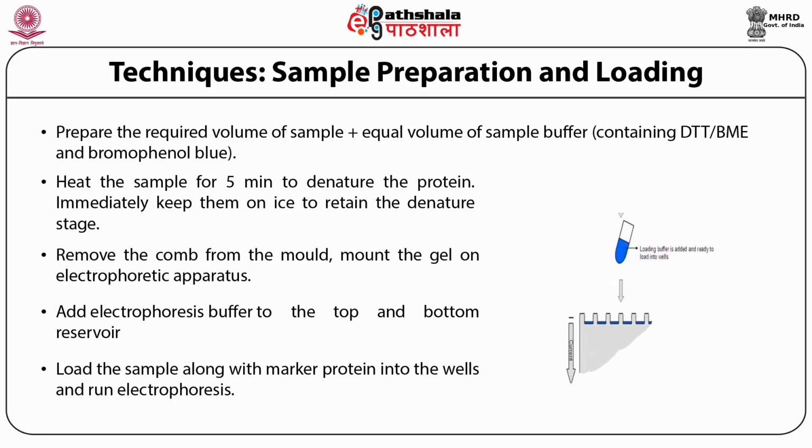Sample buffer comprises a 2x concentrate consisting of 2% SDS, 20% glycerol, 20 millimolar Tris-Glycine-Chloride of pH 6.8, 2 millimolar EDTA, 160 millimolar DTT, or 0.1 mg per ml of bromophenol blue dye.